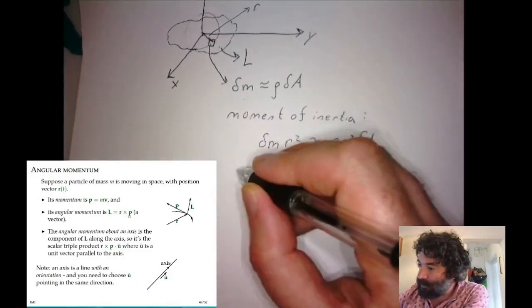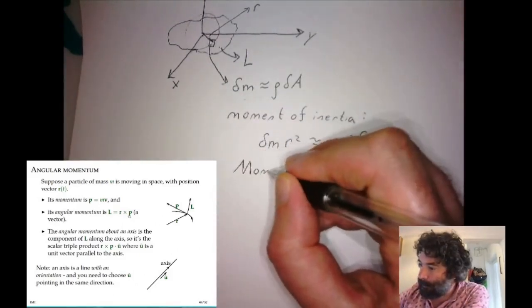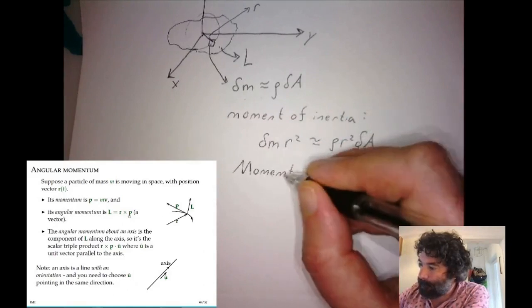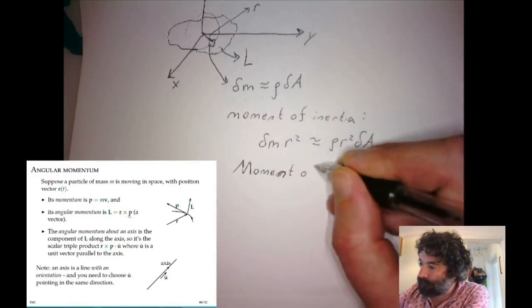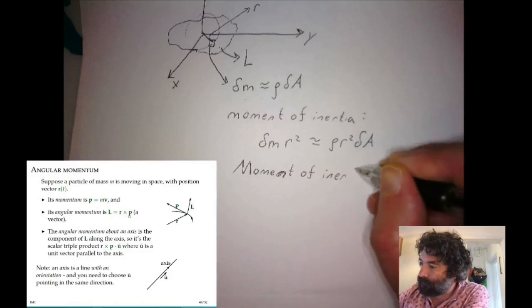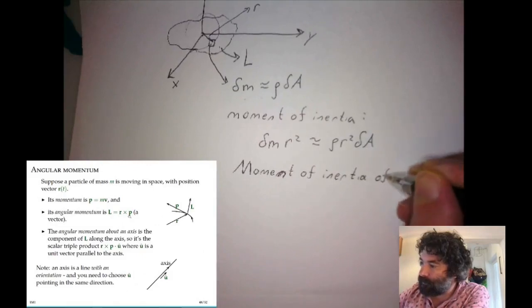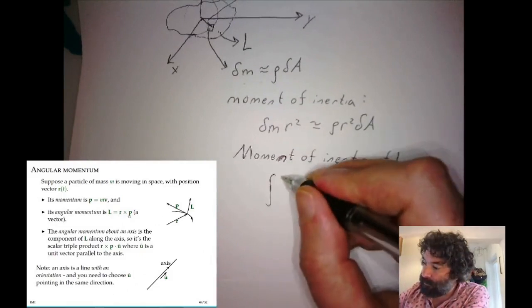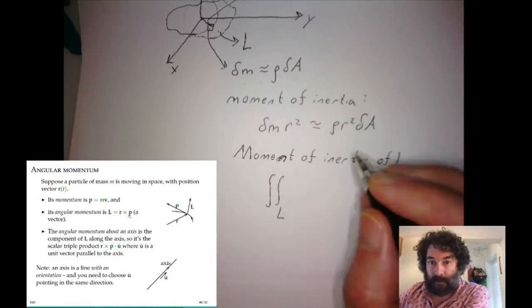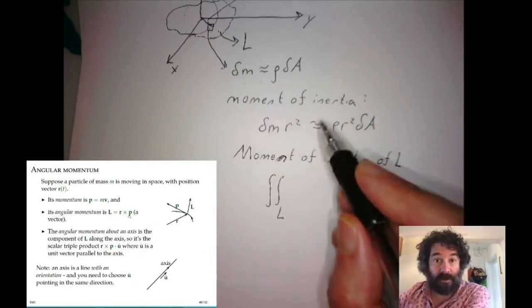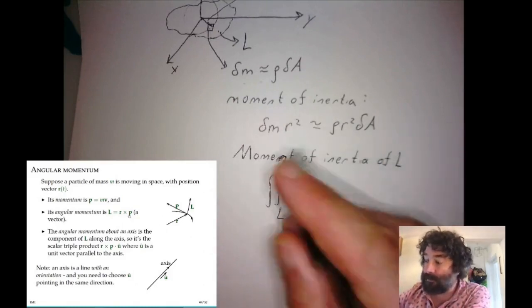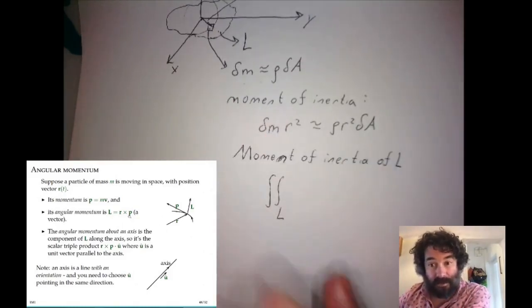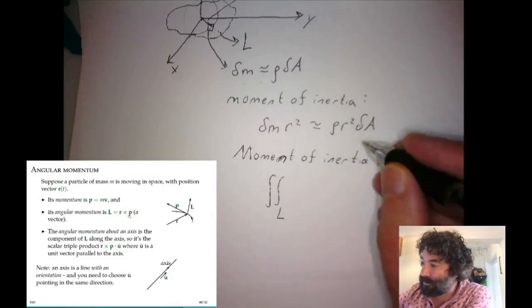But the moment of inertia of the entire plate L would be the double integral over L of the moments of inertia of each of the small bits, when we take delta m, the size of the small masses, or delta a, to 0.